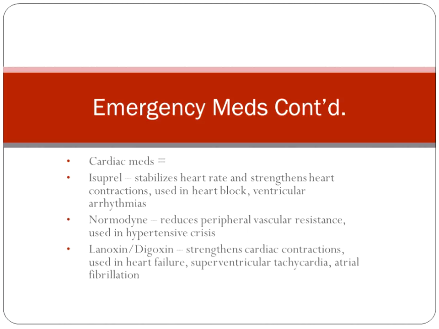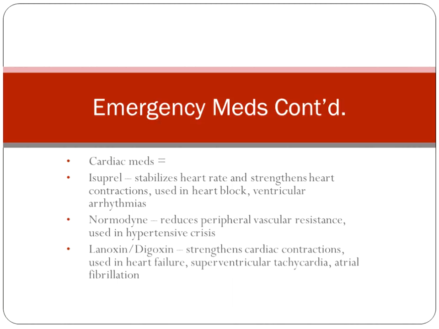Some other emergency medications, some of the cardiac emergency medications, Isoprel, used to stabilize the heart rate, strengthen the heart contractions, used many times during heart block or ventricular arrhythmias. Another drug listed there, Normodyne, reduces peripheral vascular resistance, used during a hypertensive crisis.